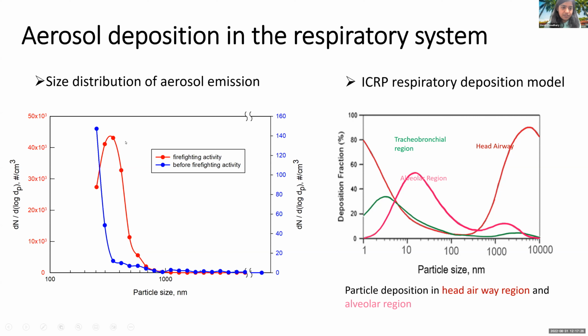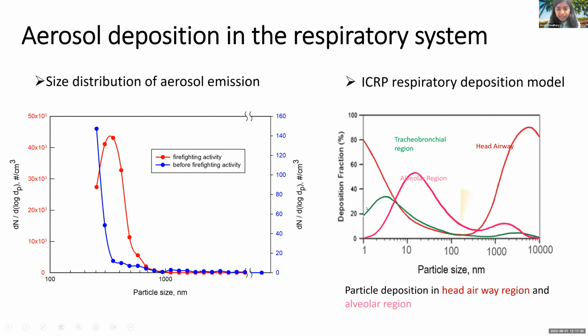So just look at the difference. The red curve goes as high as 50,000 particles per cubic centimeter, whereas the blue curve's maximum is 160 particles per cubic centimeter. So there's a huge difference between the particle emissions. The second point to note is that the particles were very high in the size range of 200 nanometers to 600 nanometers.